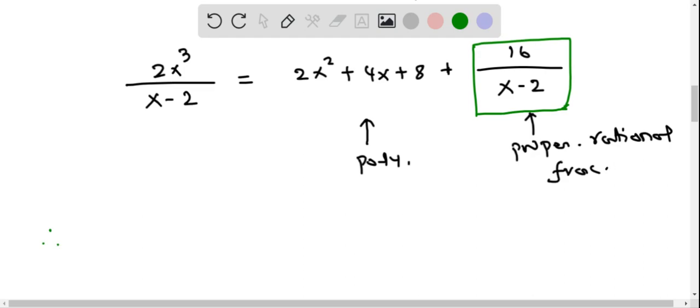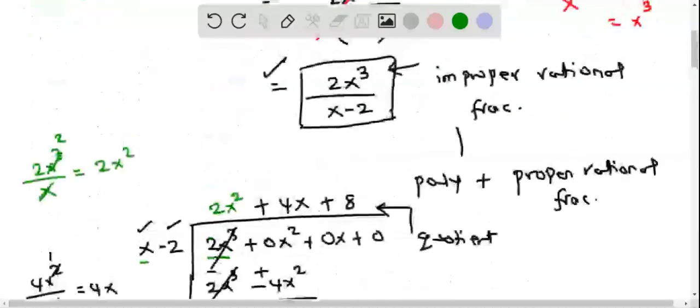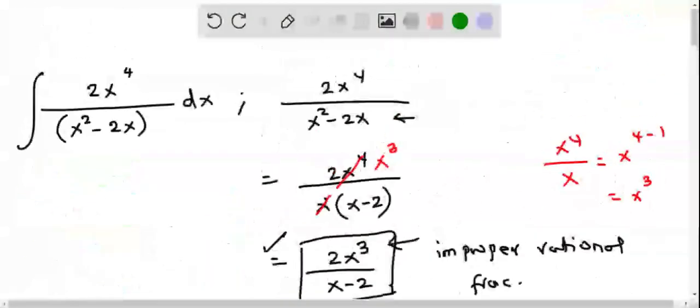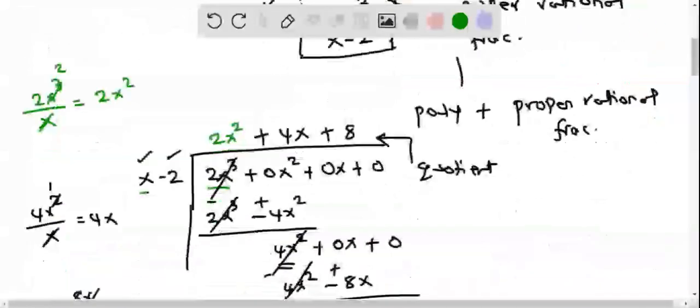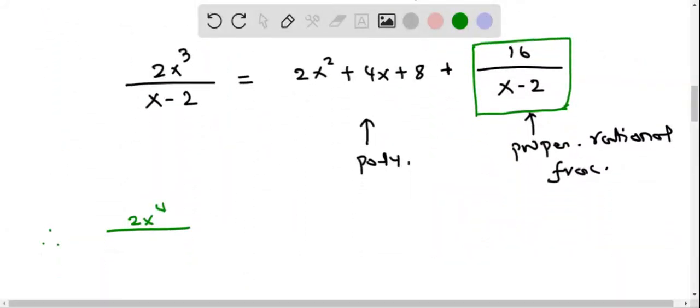So let me write the original integral, which is the integral of 2x^4 divided by x^2 minus 2x. We have to integrate this, and this equals this expression which we have simplified. And so this equals the sum of polynomial plus this proper rational fraction.